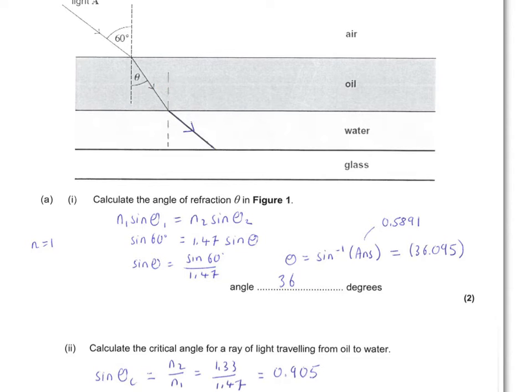If the angle of incidence is 36 degrees and the critical angle is 65, then we are less than the critical angle, so we've checked that total internal reflection will not take place. However, the light is travelling towards a lower refractive index, and so it will move faster and bend away from the normal as shown in the diagram.